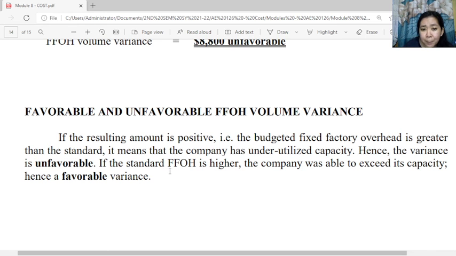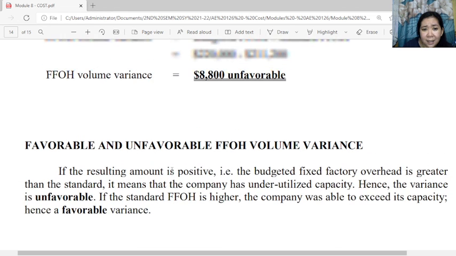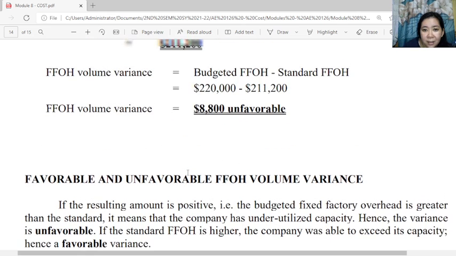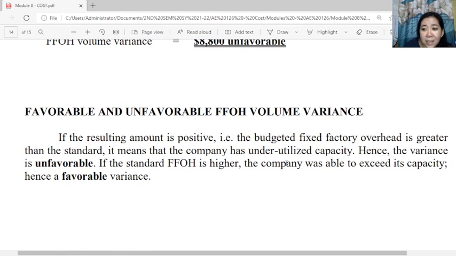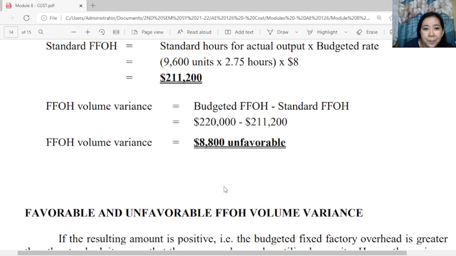If the standard fixed factory overhead is higher, meaning the company was able to exceed, then your variance is favorable. In this case, the budgeted is greater, 220,000, and the standard is only 211,200. This is underutilized, and that's why it's unfavorable.